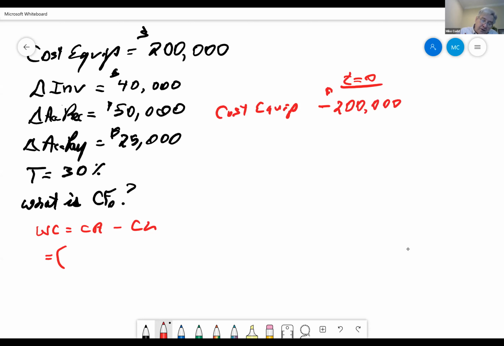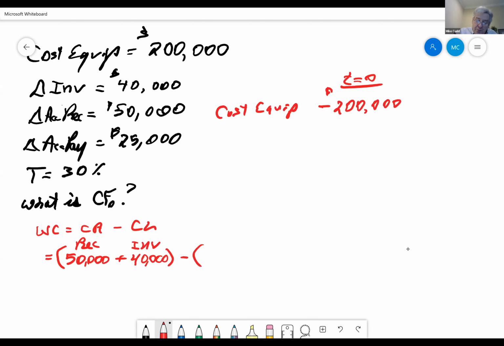So we would have another 50,000 in receivables. That's a current asset. And in inventories, another 40,000. That's a current asset.